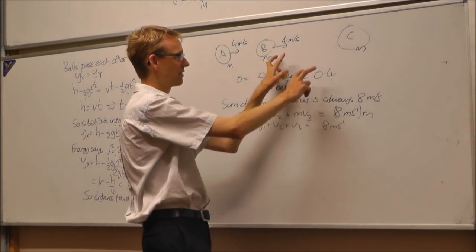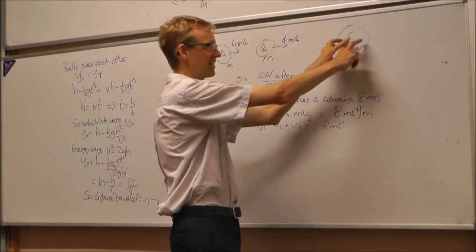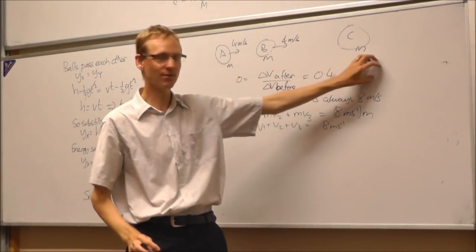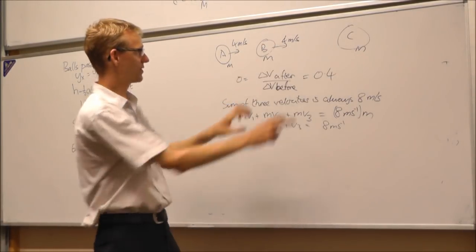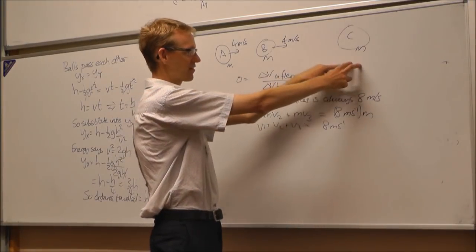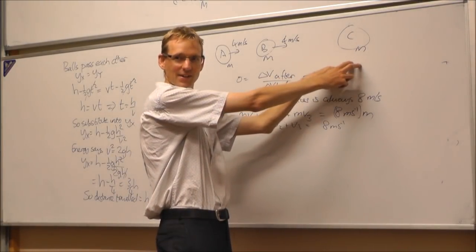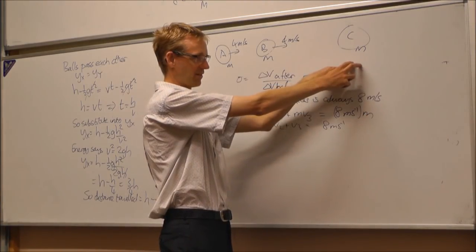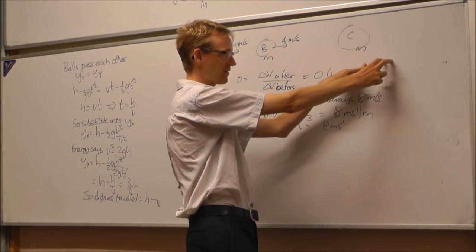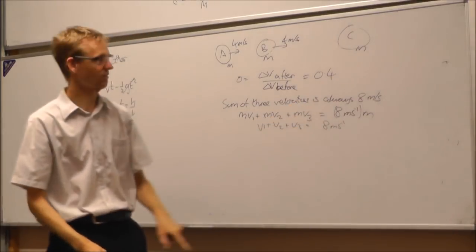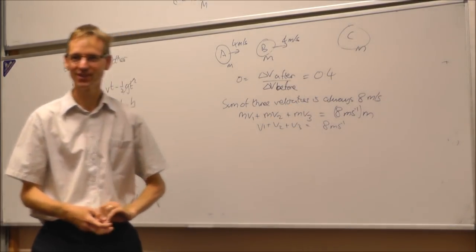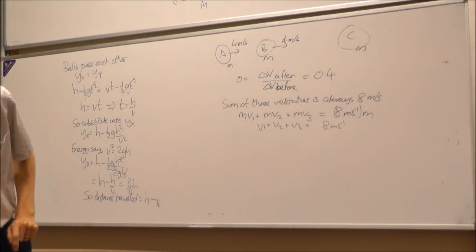If it were inelastic, they'd stick together and carry on. So B I'm sure is going to carry on a bit, but at a smaller velocity. Then A is going to catch up to B, hit B, and they'll both carry on and B catches up with C. I don't know. Anyway, we'll work through it.